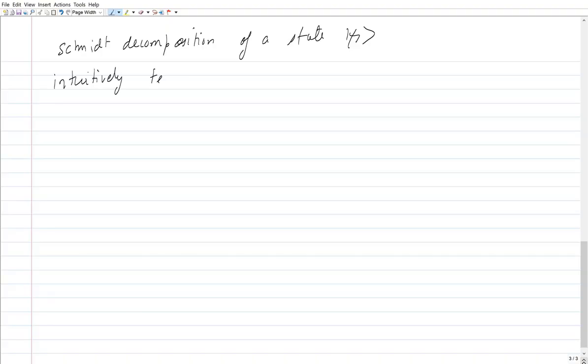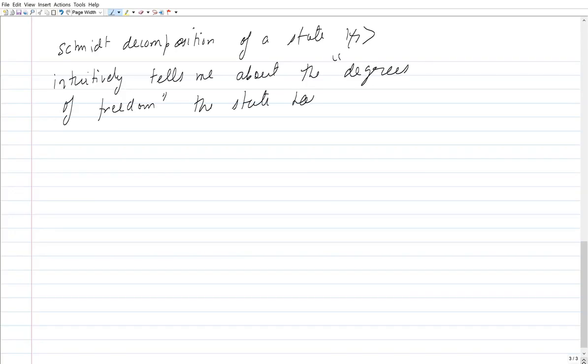So the Schmidt decomposition of a state psi intuitively tells me about the degrees of freedom the state has, or in other words, how close it is to a product state, how many independent parameters I would necessarily need in the Schmidt decomposition to express the state.